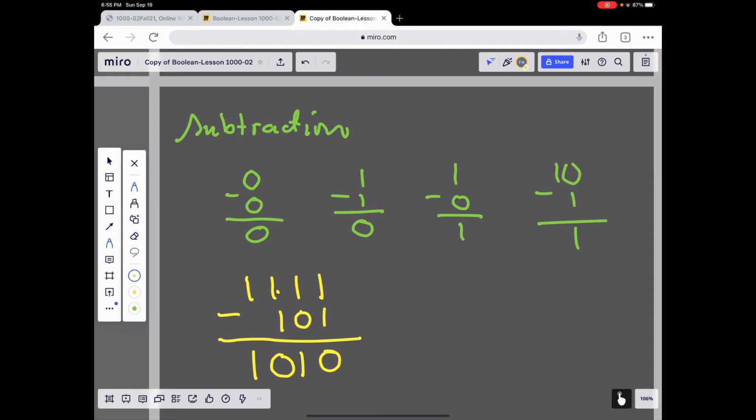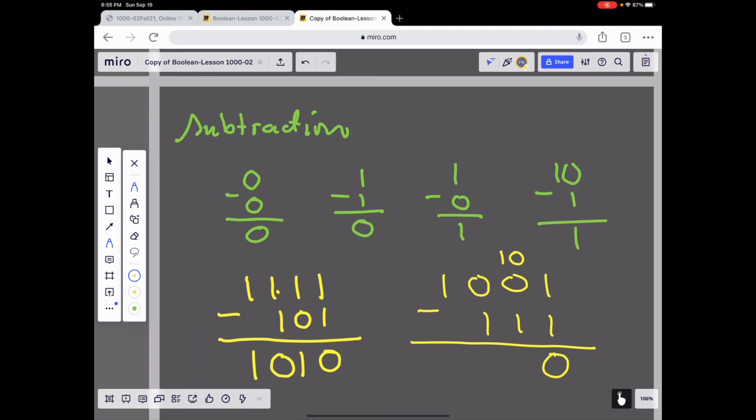I'm going to give you another example. You got 1, 0, 0, 1 minus 1, 1, 1. Okay, so 1 subtract 1 equals 0. And 0 cannot minus 1, so you borrow 1, we call 10.